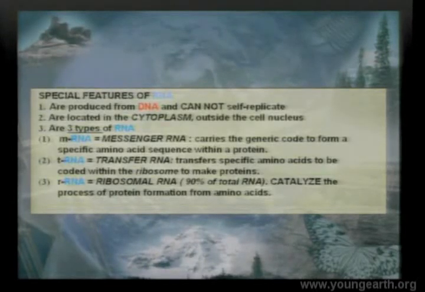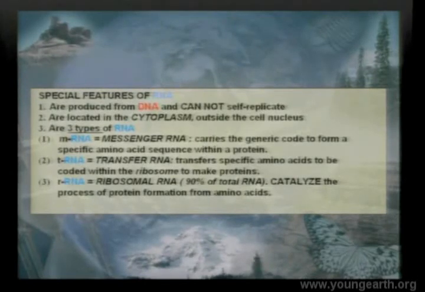It transfers, as the name says, specific amino acids to be coded within a unit of the cell called the ribosomes, which make the proteins. In other words, it's the factory in that portion of the cell that generates the proteins. It's manufacturing proteins. And the transfer RNA is involved in that process. No transfer RNA, no proteins.